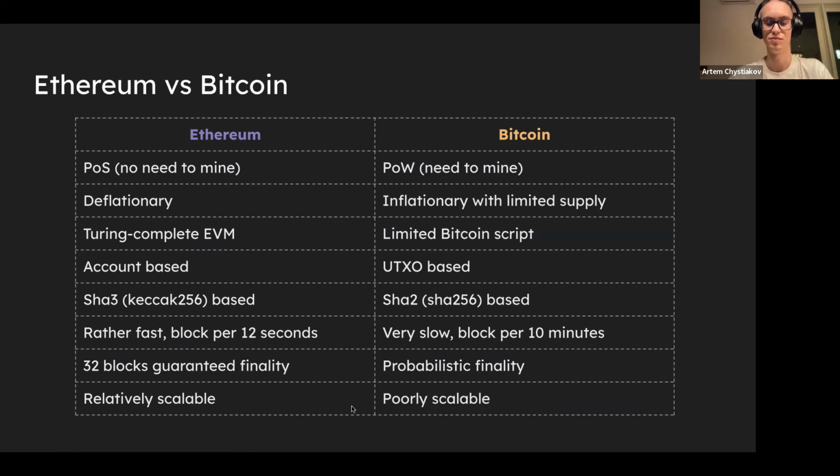Bitcoin has a probabilistic finality because of the proof of work consensus, but usually the finality is set to 6 blocks, and after that it is very unlikely for a reorg to happen, but still it is only probabilistic.